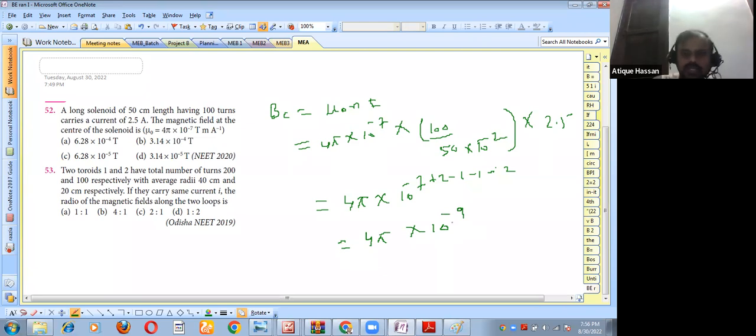And length is 50 centimeter, current is this, 100 turns. And also we have to divide by 5. No, both should be plus, right? It should not be minus. Both should be plus.